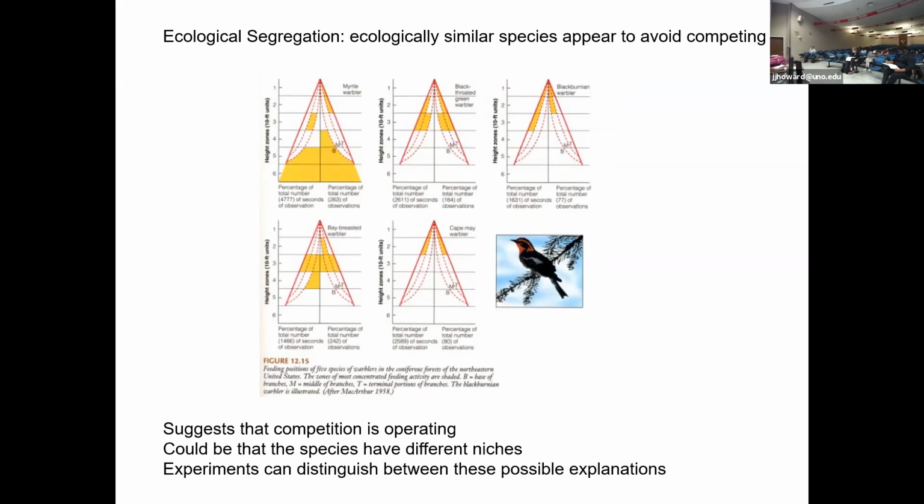So I think you can see logically that, hey, there's a way to test this. If we could remove one species, we could see what the other species do. If they respond to the removal of their competitor by expanding their use of the habitat, then it's pretty clear they were excluded by current competition with that other species.